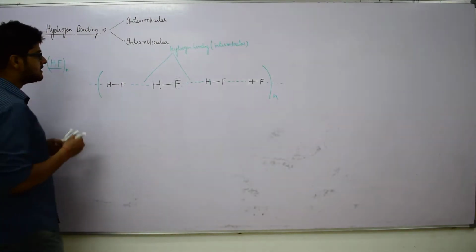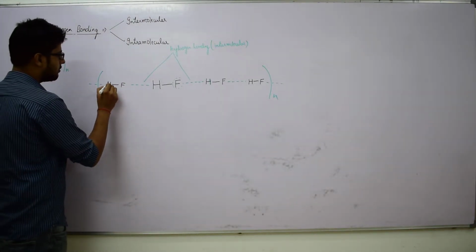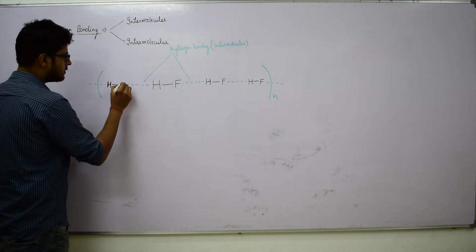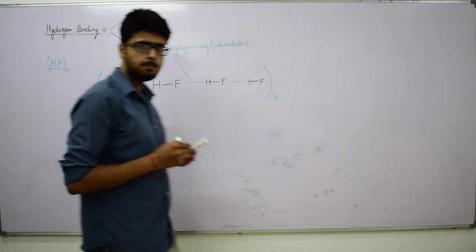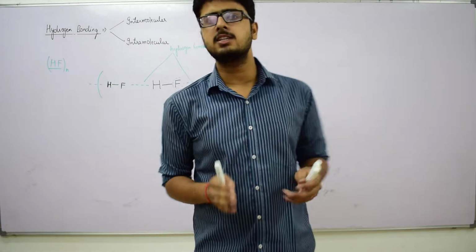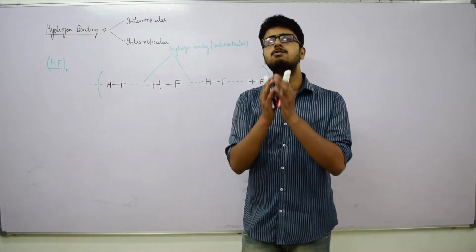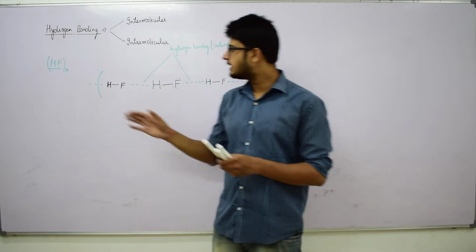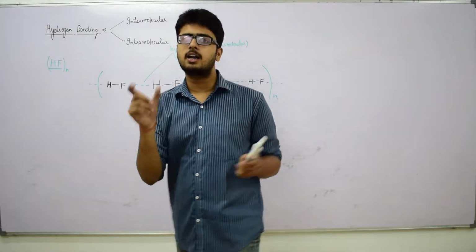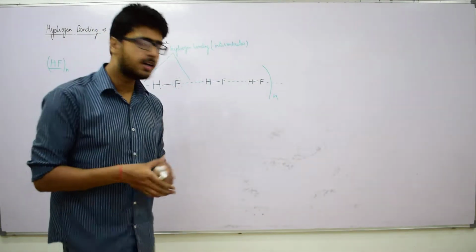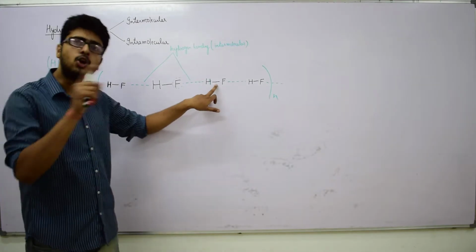So this is the first example in which hydrogen bonding was discovered. HF doesn't exist as a monomer, dimer or trimer, but as a polymer, where different HF units are linked through hydrogen bonding, and this is our normal covalent bonding.